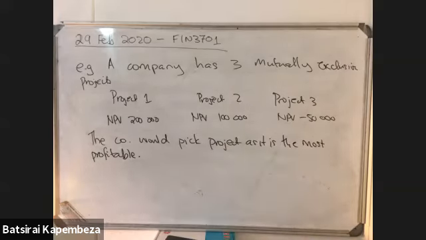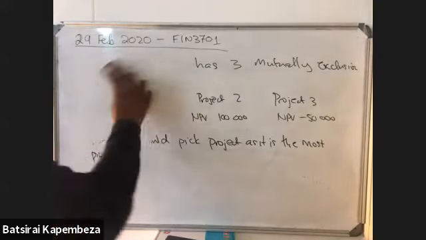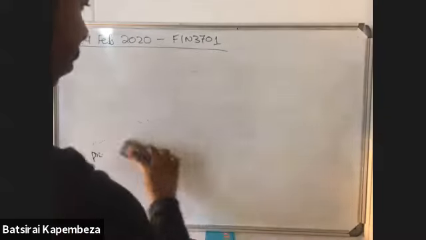Next, the next terminology you need to know, which is C. A was independent project, B was mutually exclusive project. Next, let's look at the terminology unlimited funds.